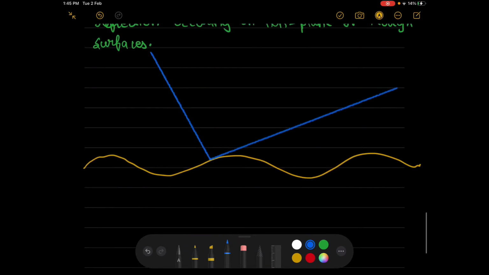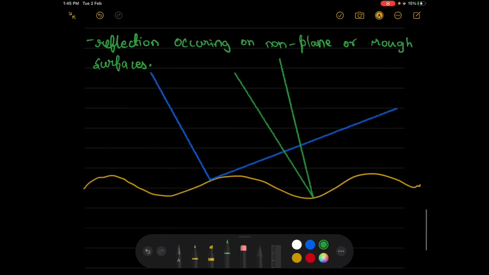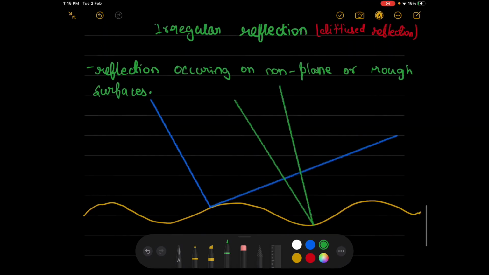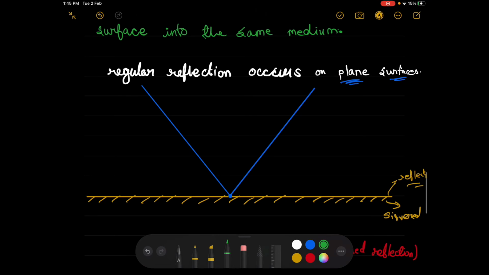Let's draw one more ray with green color. Again it bounces back like here. There's no specific angle which they form, but they bounce back in a very unusual way.